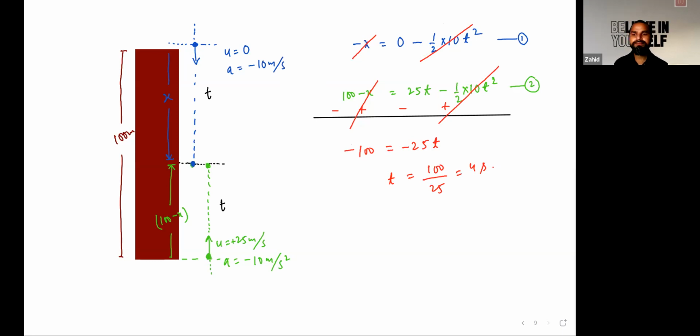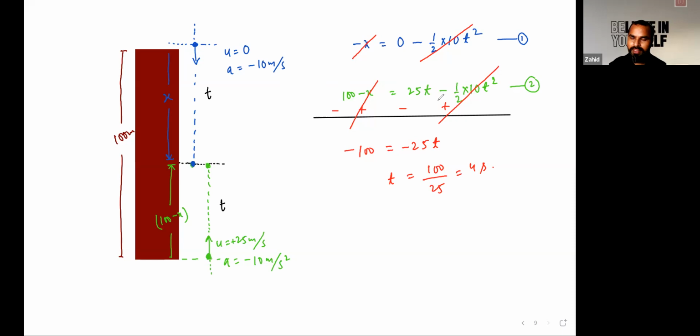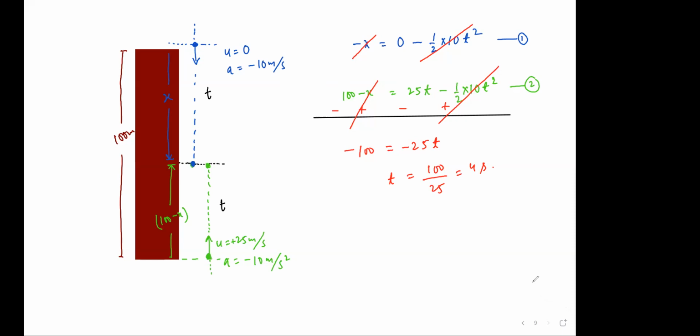Hamza, any doubt? No, sir. Hiba, any doubt while solving this particular way? No, sir. Salman? No, sir. Okay.